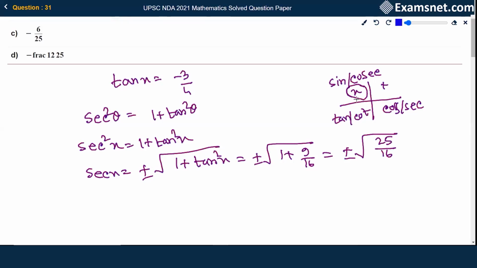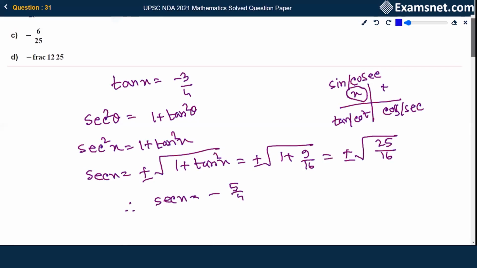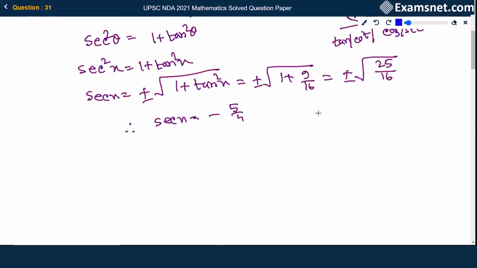Since x is in the second quadrant, obviously sec will give us a negative value. So therefore sec x equals minus 5 by 4, right? And sec x is the reciprocal of cos x. So we can write cos x equals minus 4 by 5, right?